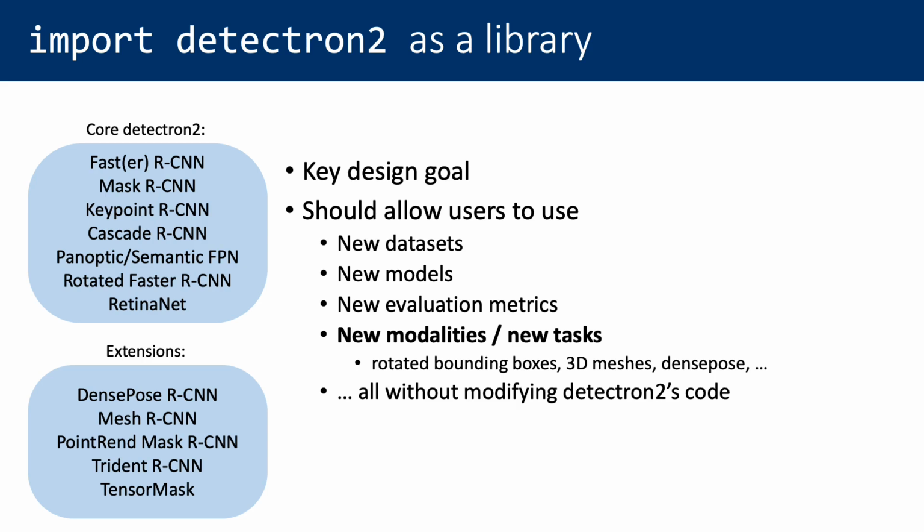What this means is that we should allow users to add new things without having to touch Detectron2's code. That includes adding new datasets, new models, new evaluation metrics, or even new data modalities and new tasks. In fact, allowing users to add their new data modality is quite difficult, but they are very crucial in the new research we're doing, such as predicting 3D meshes or dense pose.